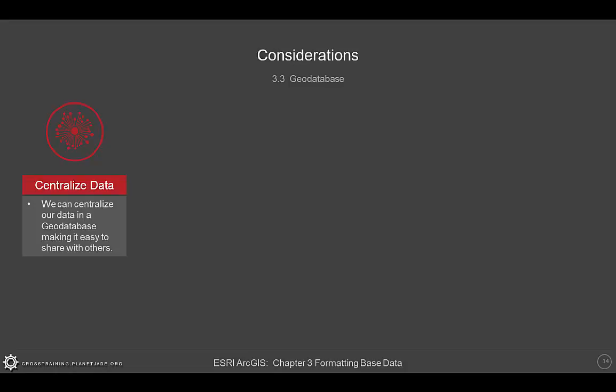We can centralize our data using a geodatabase, and by doing this it makes it fairly easy for us to share our data, so we don't have to go onto our hard drive and click those 6 to 8 separate files that consist of a data set. Instead, we can just share that geodatabase container that has all of those individual files stored inside of it. And we don't have to worry about making sure that all of it made it over, because we know that it's all centralized and stored into that geodatabase.